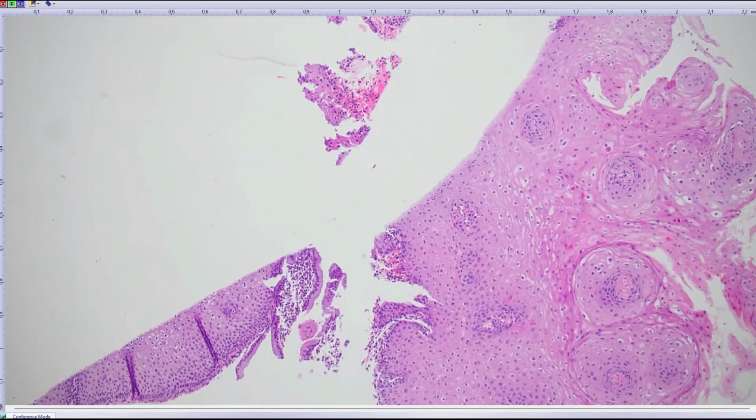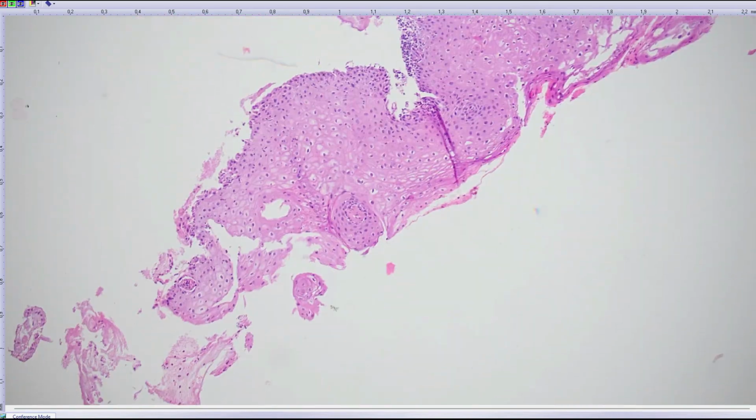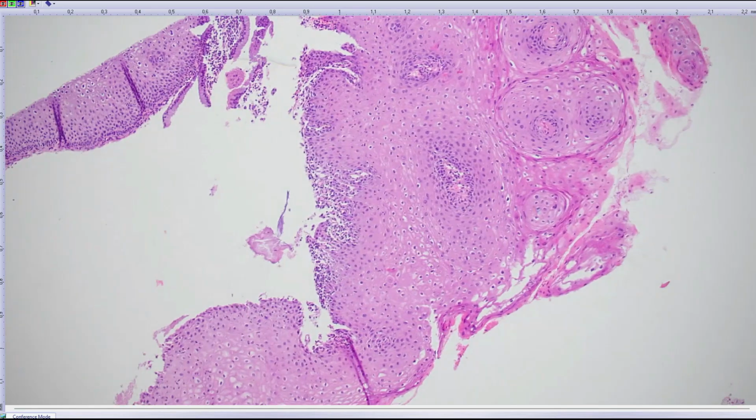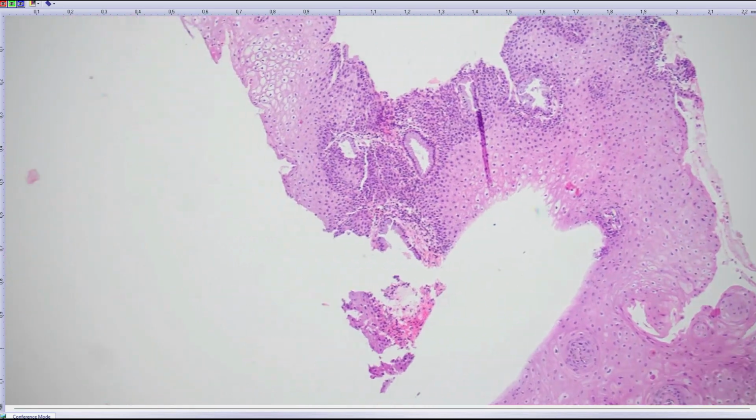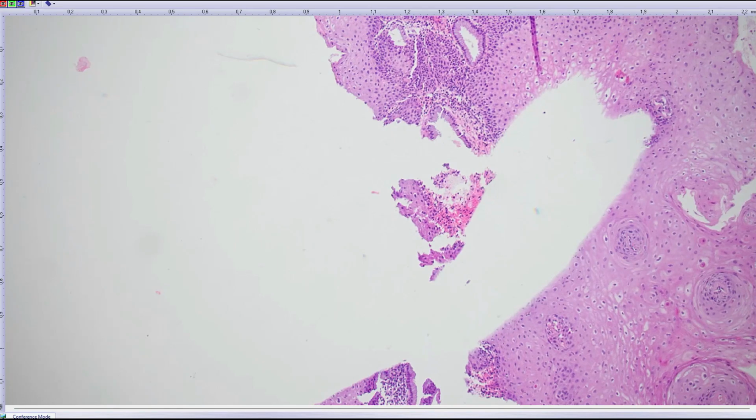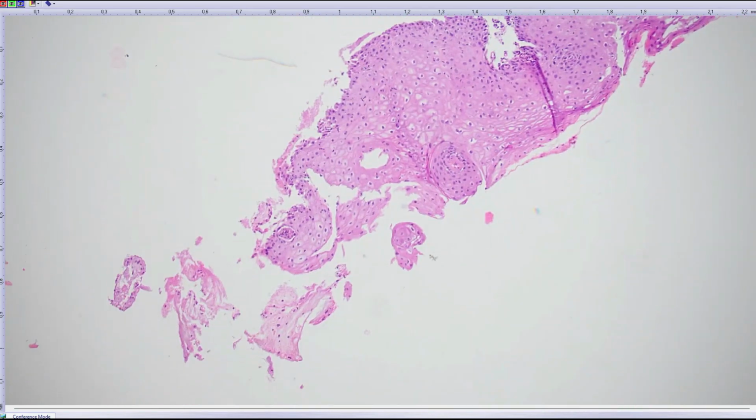Yeah. If you do P16, it is usually negative, but if you do HPV, you would usually find HPV 6 or HPV 11. In this case, it was HPV 11 positive. So these low-risk HPV positive lesions are typical of those having papillary configurations.